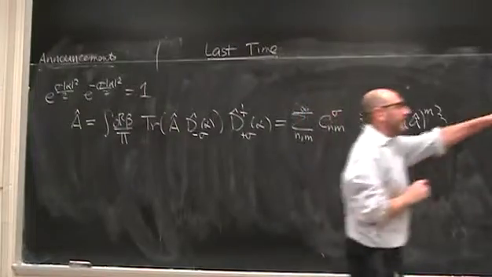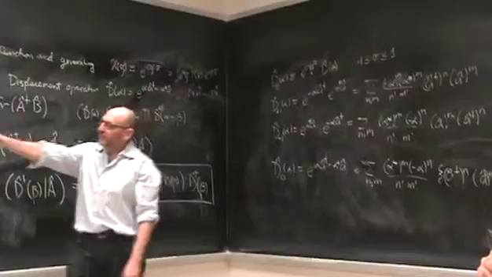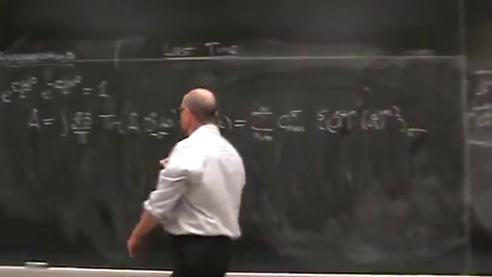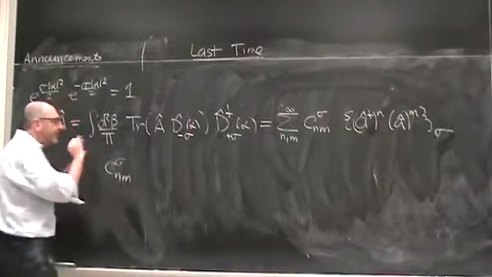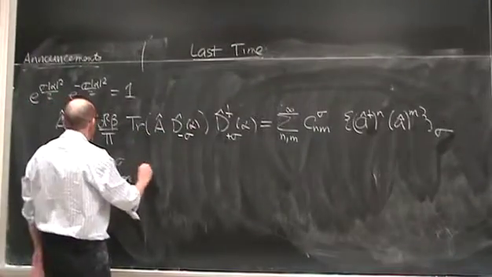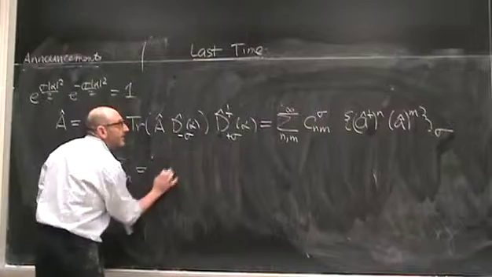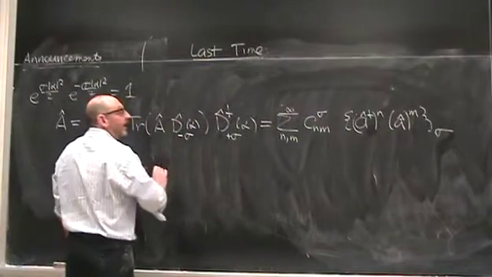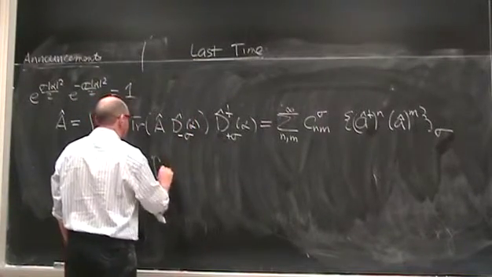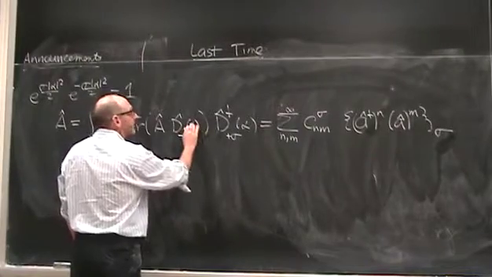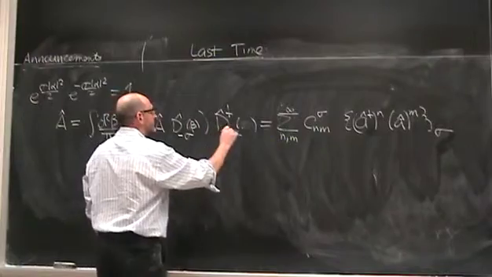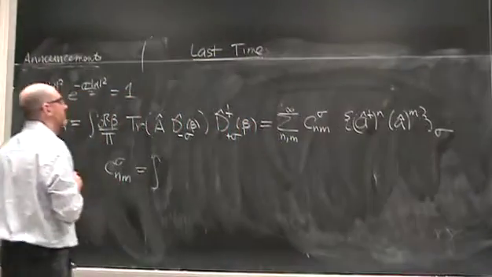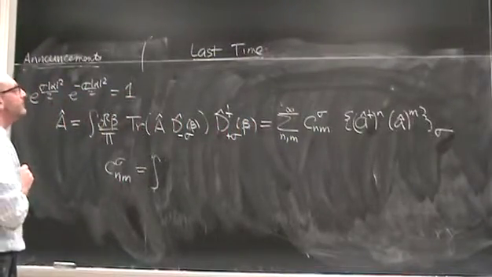Just plugging in D sigma, whatever it is. And what are the C_nm? Well, they're a mess, but in the end, we're never going to do this exactly, but we have them. They're equal to, plugging that in, the integral, I guess I changed from alpha to beta, this will also be beta.